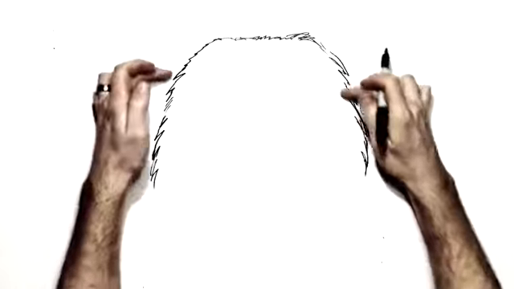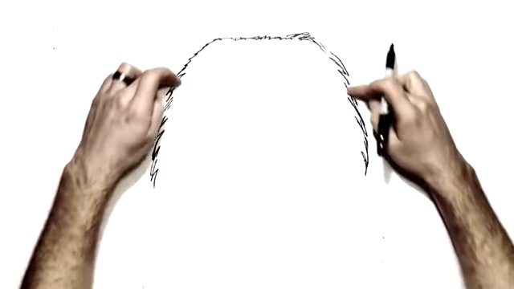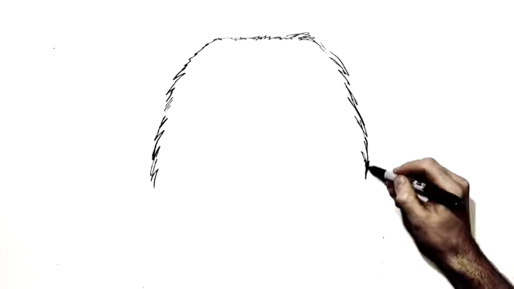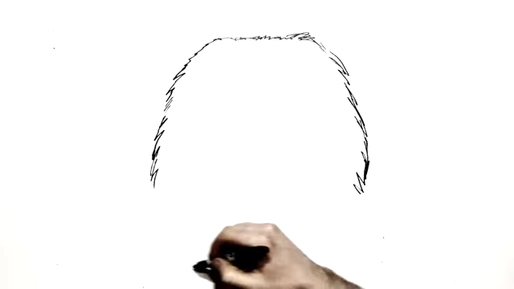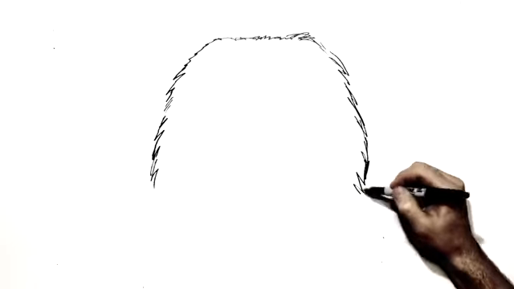So this is the kind of shape you're looking for, see? It's like a hairy hill or something. And then the hair is going to come all the way down around this big panda face.